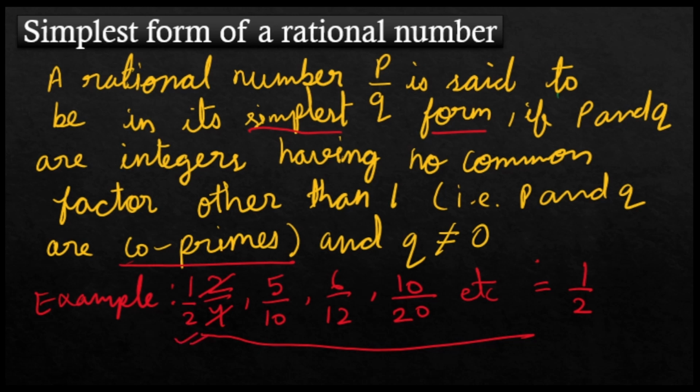By doing the same method with all these numbers, you will get simply 1 by 2. Further, it cannot be divided as these are co-primes. Hence, this is the simplest form.